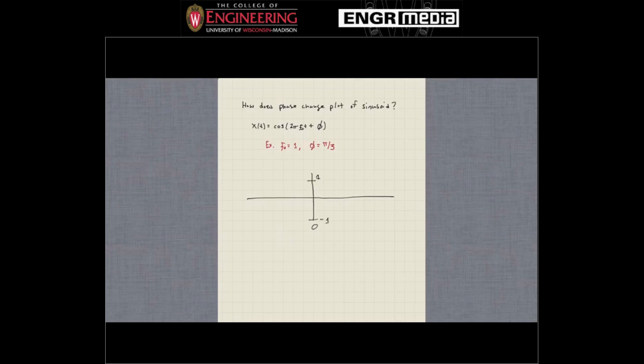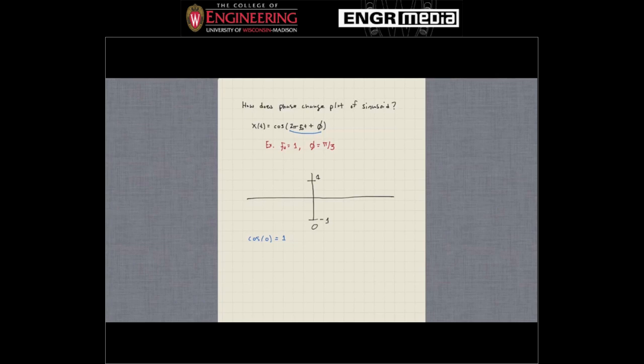To see how phase affects things, consider the following. If what I'm underlining in blue here equals 0, then the cosine should take on its maximum value, because cosine of 0 is, of course, equal to 1.